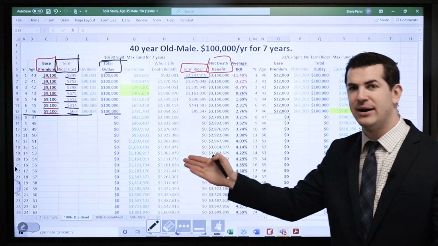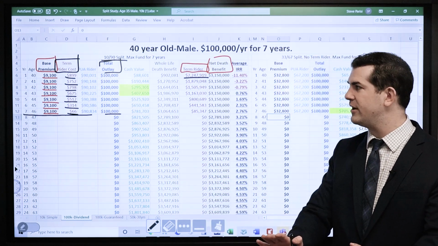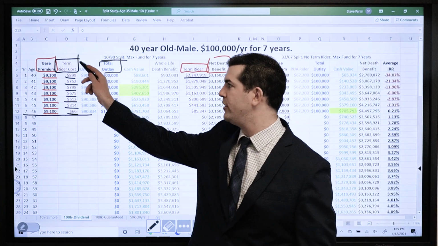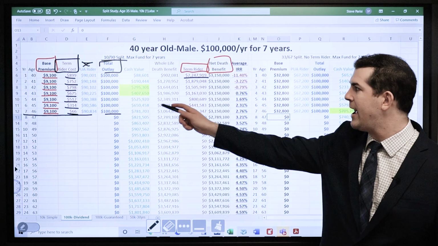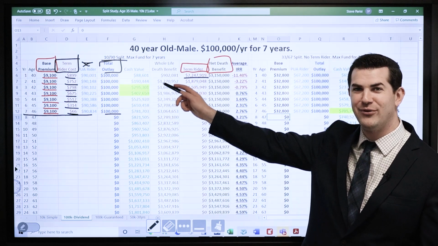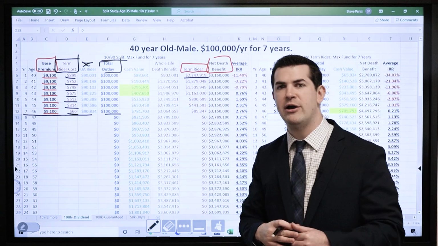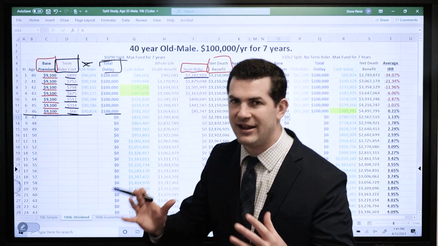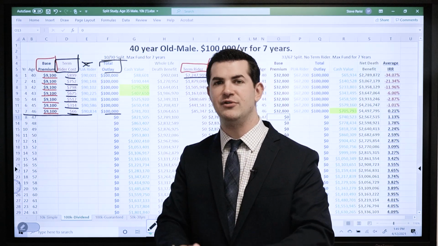However, how the policy is set up is as we pump money into a whole life insurance policy. Here's our PUA component here. We are plowing funds into this rider. What happens, your cash value looks good, but what happens to your whole life death benefit when you do that? Goes up. How the 1-year term rider is constructed is that as the whole life death benefit goes up, the term rider comes down.